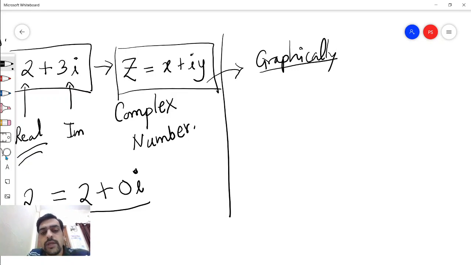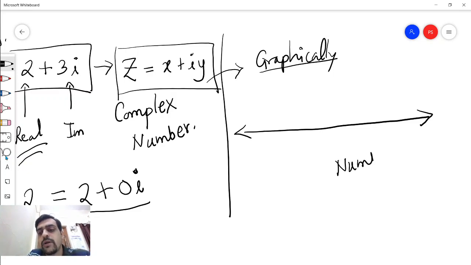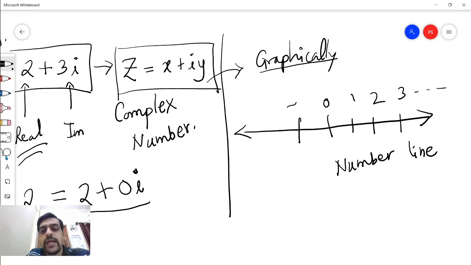We know that any real number can be expressed on a number line. It starts with 0 at the origin, then 1, 2, 3 and so on on the right-hand side, and negative numbers on the left-hand side. So all these are real numbers and the line is a real number line.